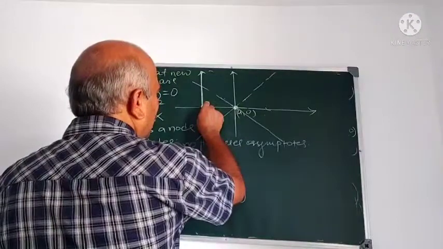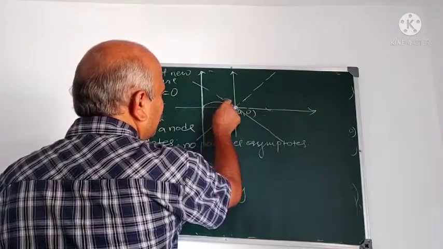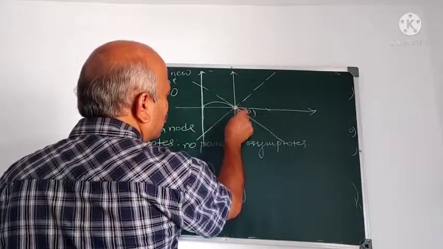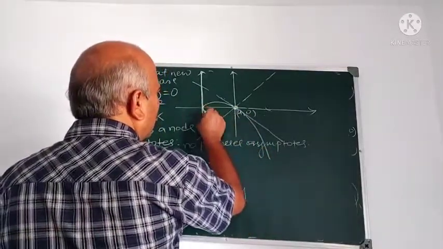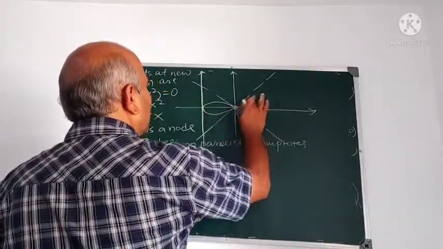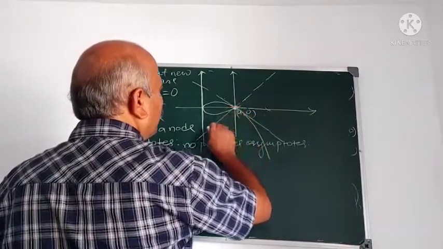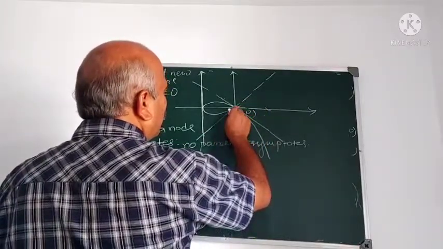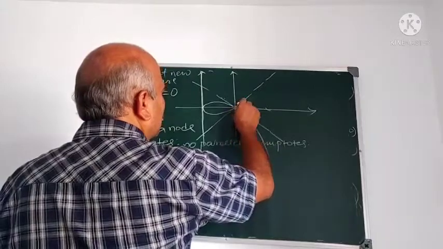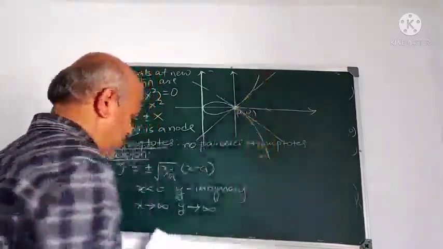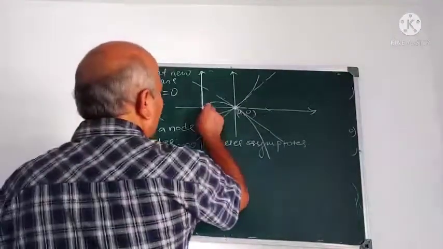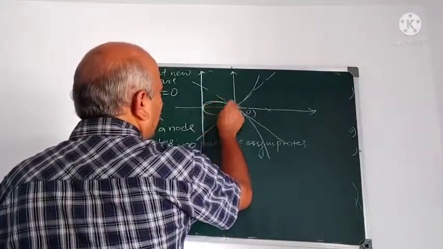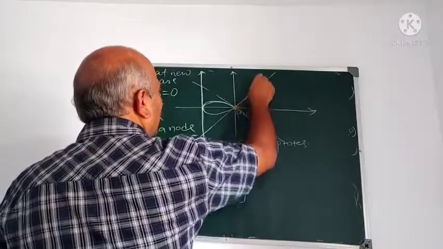Because it is a node, the curve is like this.